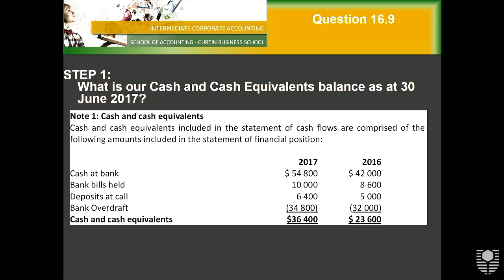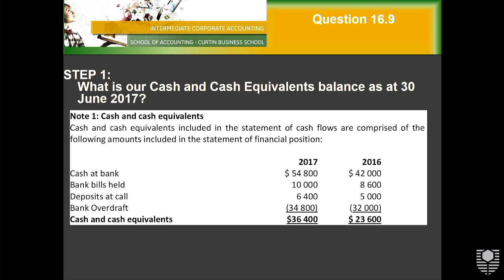The bank bills held and the bank overdraft form part of the cash and cash equivalents. So we'll go back to our balance sheet. Let's go back to the beginning and work out our cash and cash equivalents. We've got cash at bank, bank bills, deposits at call, and we also have a bank overdraft.